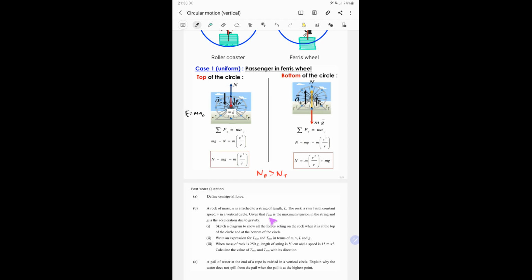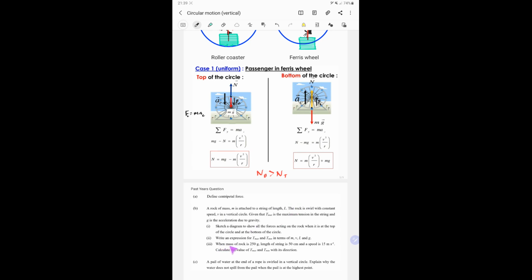Given that T max is the maximum tension in the string and g is the acceleration due to gravity, sketch a diagram to show all the forces acting on the rock when it is at the top of the circle and at the bottom of the circle. See, they will ask you to calculate something at the top, also at the bottom. Then write an expression for T max and T min in terms of m, v, L, and g, according to the info given just now.